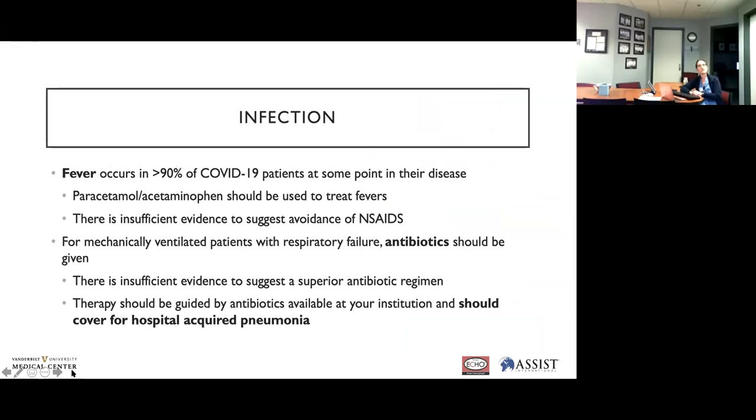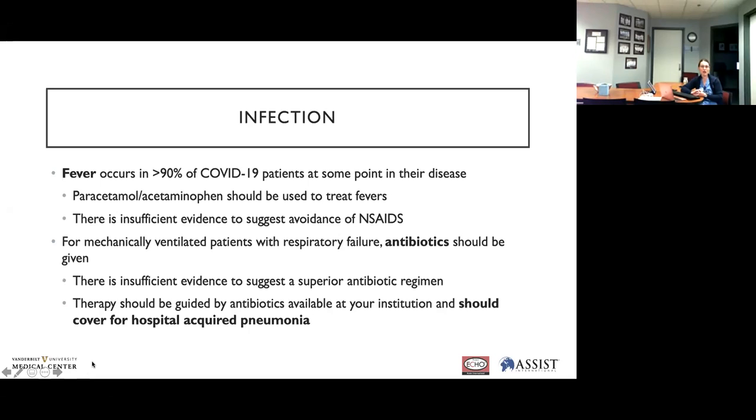To continue to discuss some of the complications in these patients, we'll briefly touch on infection. So fever occurs in almost all of COVID-19 patients at some point in their disease, although maybe the presenting symptom in about 40% of patients. If your patient develops a fever during their stay, paracetamol or acetaminophen should be used to treat the fever. There's insufficient evidence now to suggest avoiding NSAIDs.